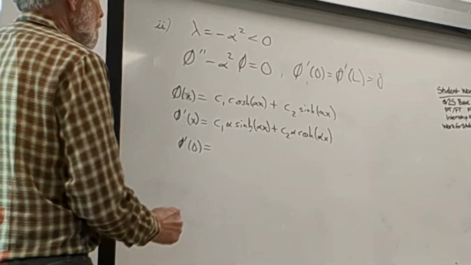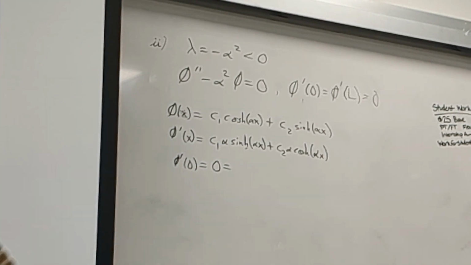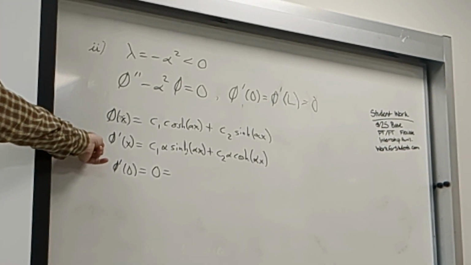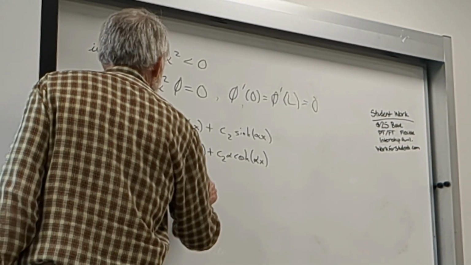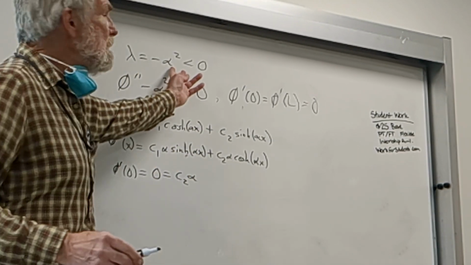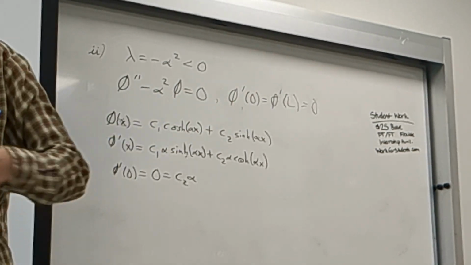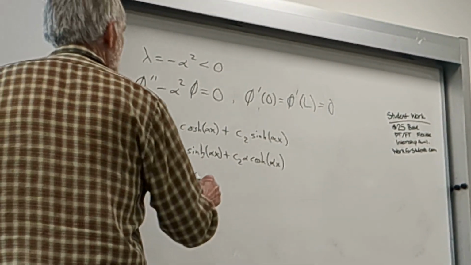First of all, we do know it's equal to 0. But from this line right here, what do we get? C2 alpha. Now, alpha is non-zero. So that tells us what? Necessarily C2 equals 0.